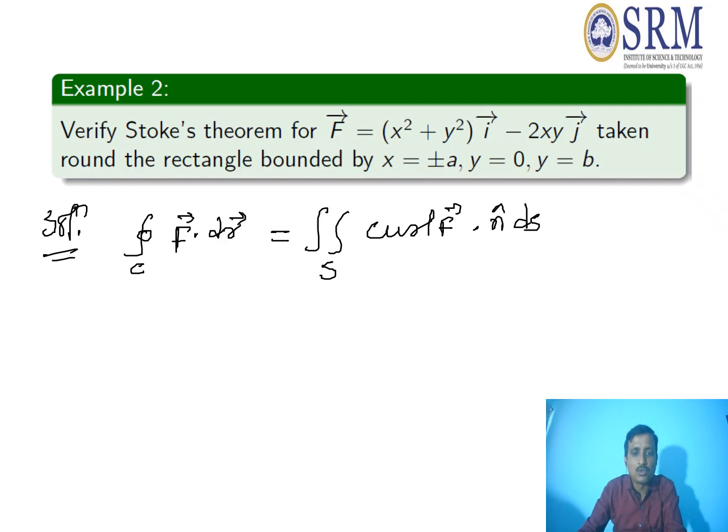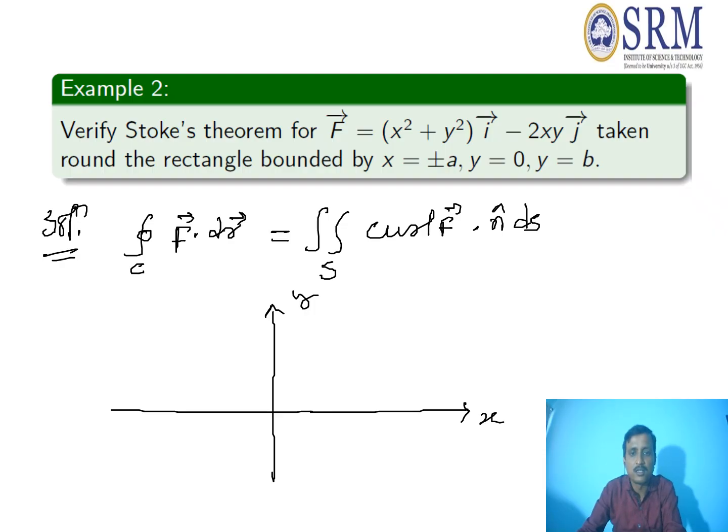Since the question is given in xy coordinates, it is better to draw the graph in the xy coordinate system. Okay, what is that rectangle? It is bounded by x equal to plus or minus a, where a is a positive constant.